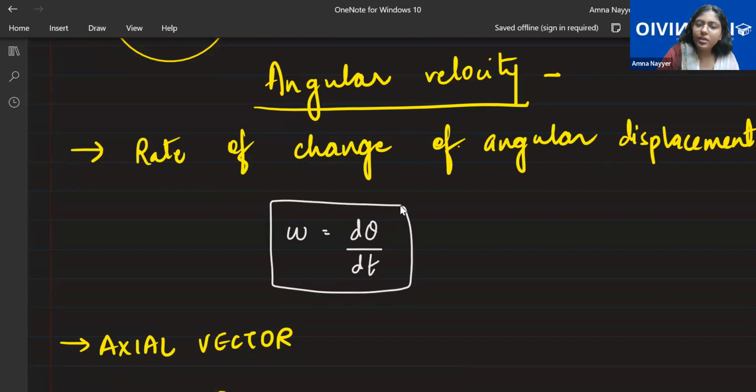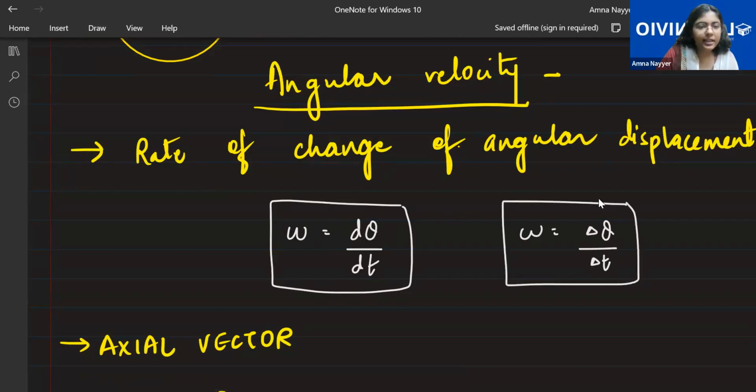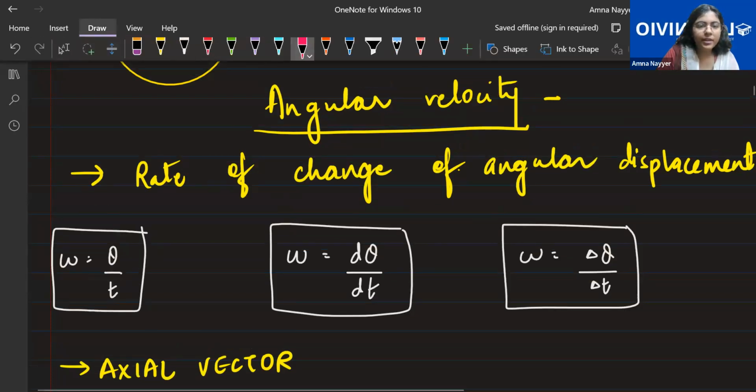See, we use this when you have the time variable. If you have a duration, you can use delta theta by delta t. So this finally makes the formula theta divided by t. You can use it in any form.